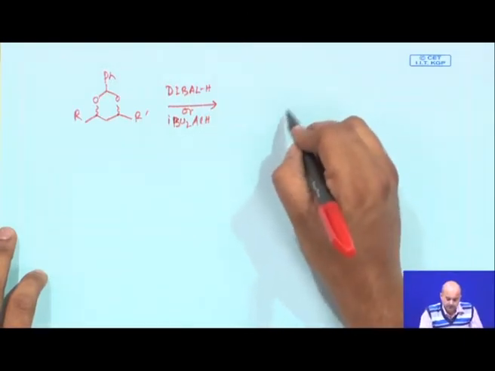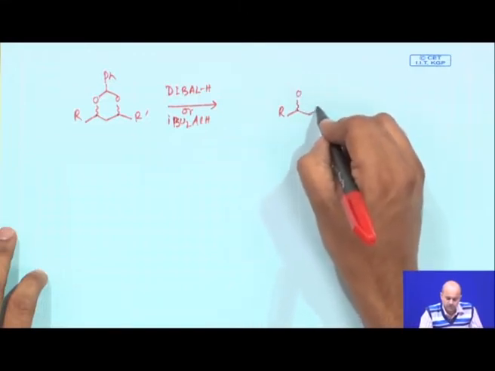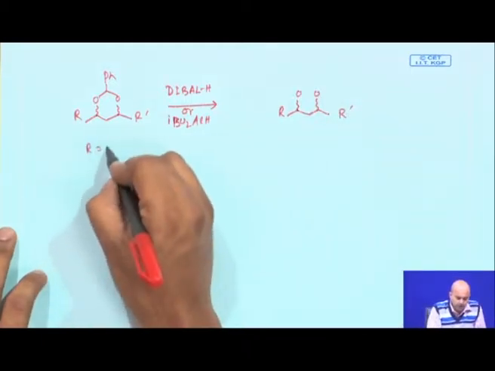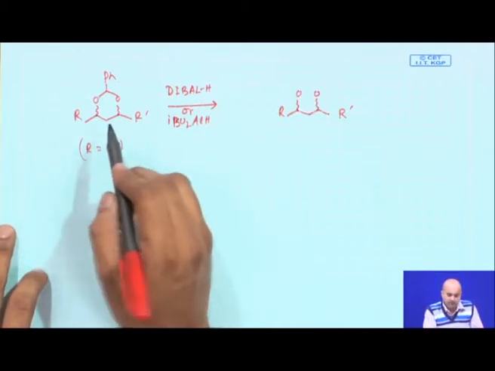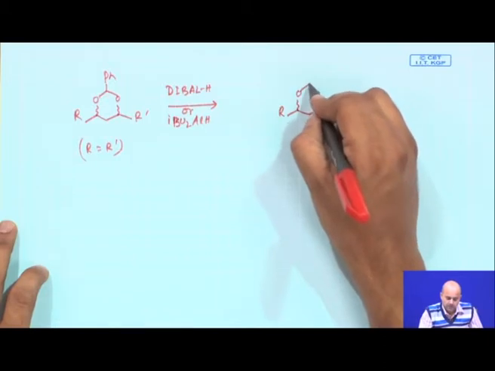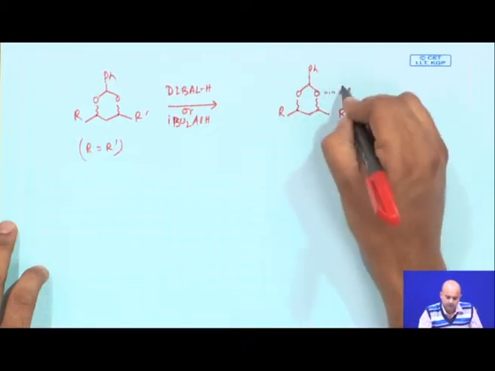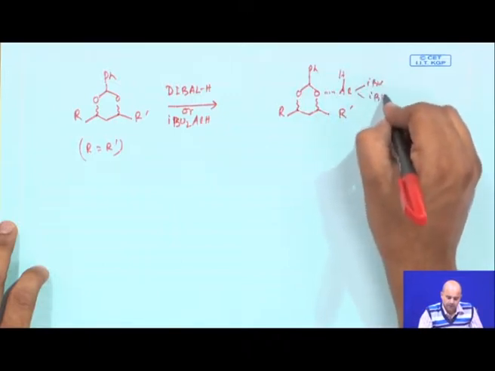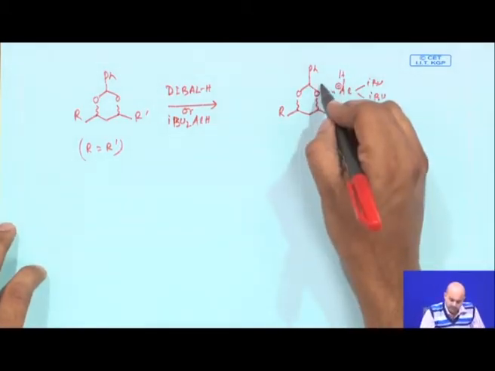So, you will find that in the initial stage this DIBAL will be, now we say that R equals R prime, meaning these groups are equivalent. So, we will talk about this symmetrical acetal. Then this Lewis acidic side of oxygen is going to coordinate with this DIBAL, and this isobutyl, and you have a negative charge on this aluminum, fine.